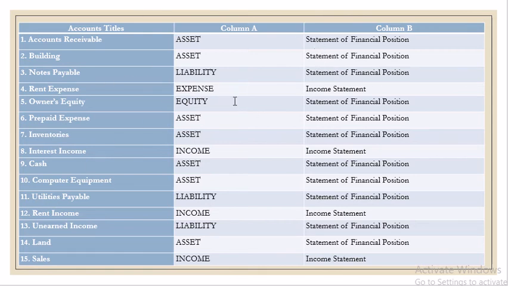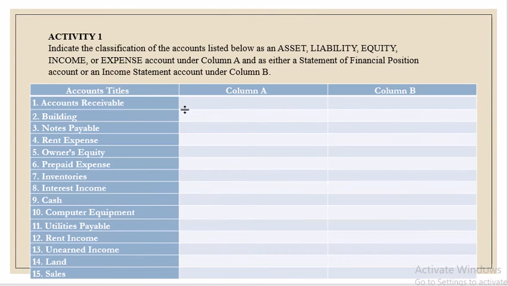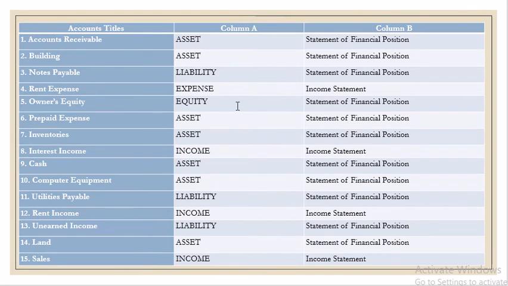So before you proceed to these slides, you must fill up first column A and column B. And then after you have filled it up, you self-check if your answers are correct.